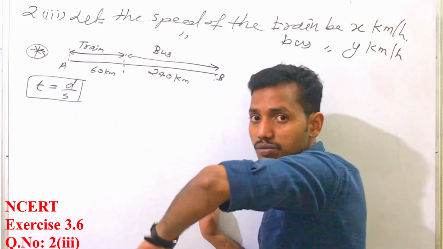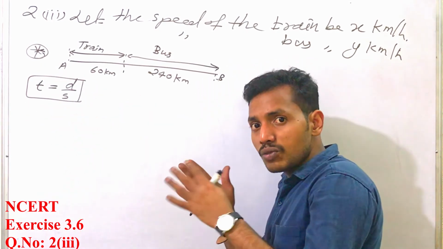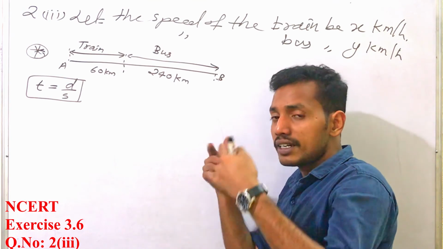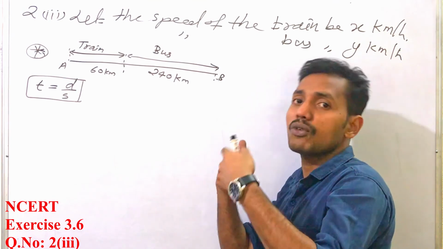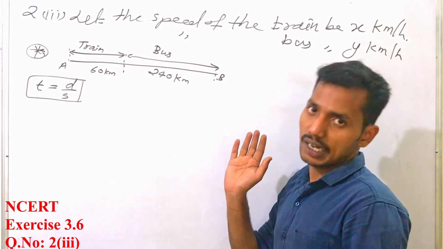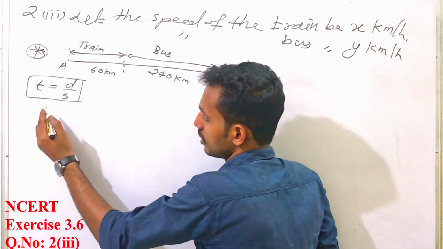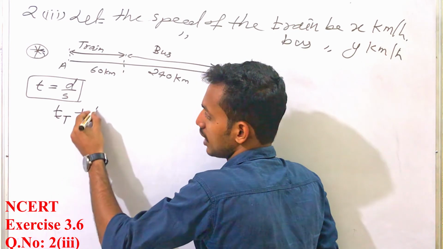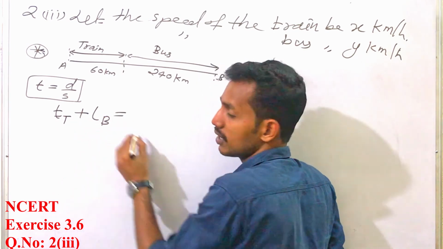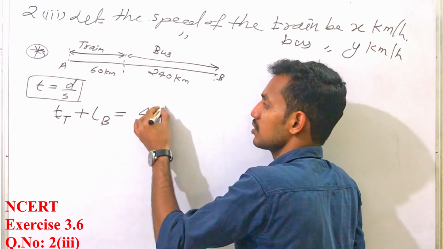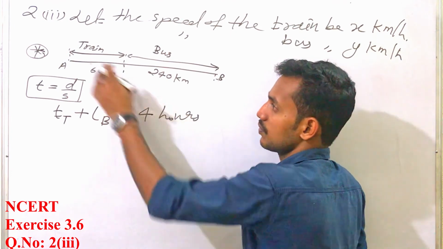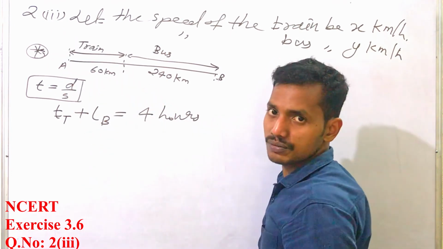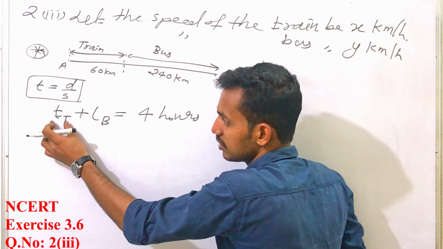Time is equal to distance by speed. So according to the question, whichever quantity is connecting the situation, in that form we have to write. Clear? So here, time taken by the train plus time taken by the bus should be equal to 4 hours. That is the first case given here. What is the time taken by the train?